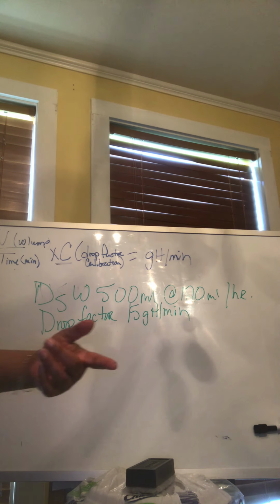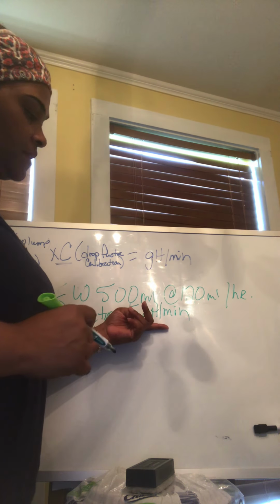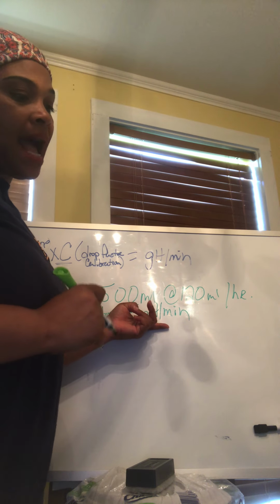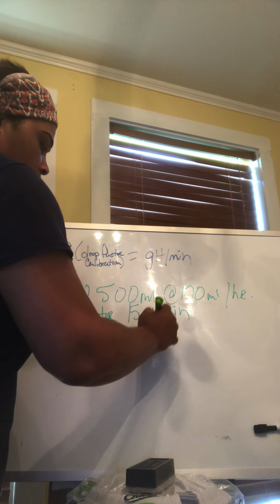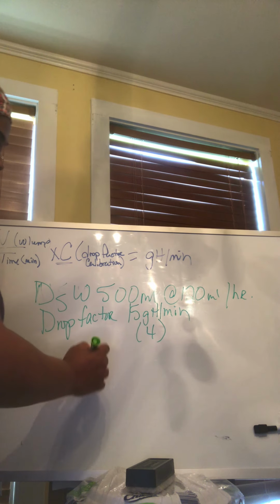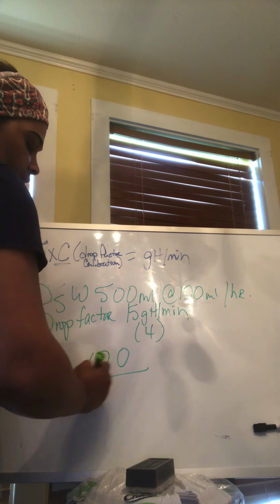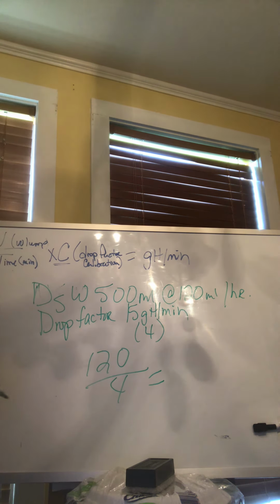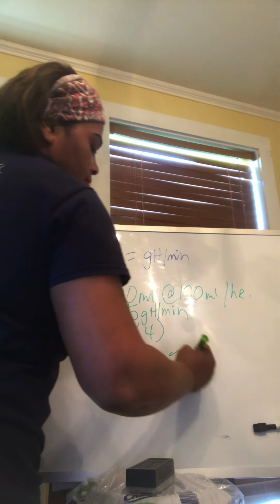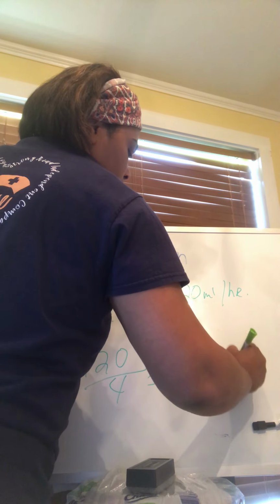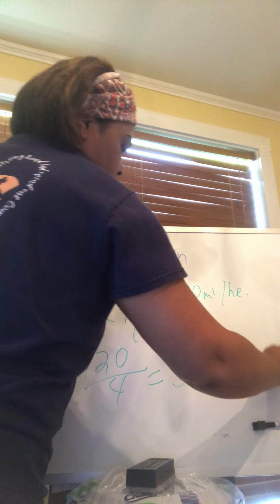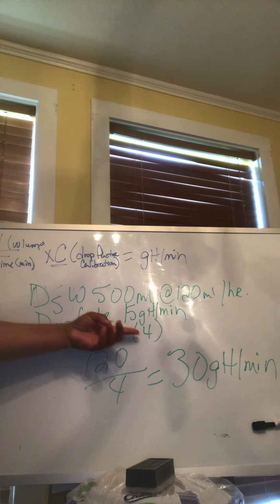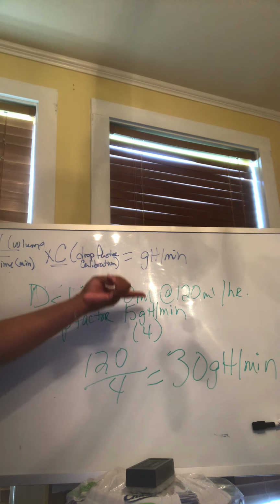Again, if we looked at our book, if we memorized it, 15 drops per minute, our constant for that is 4. So we plug in our formula. 120 divided by 4 yields us 30 drops per minute.